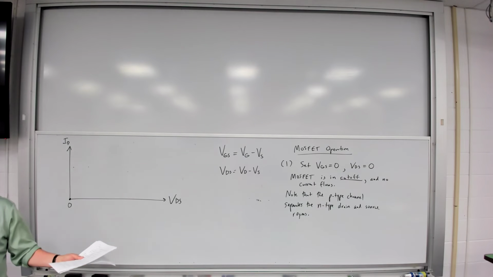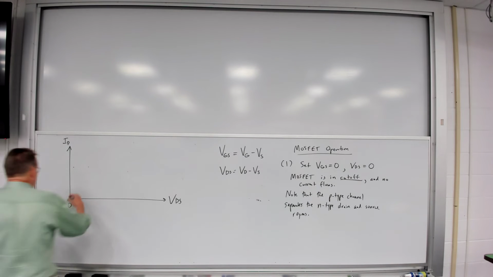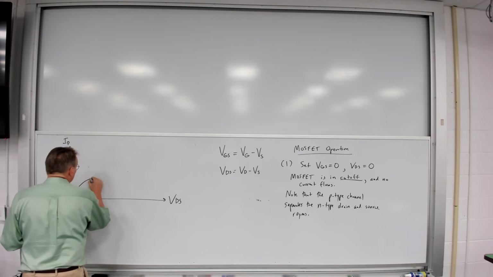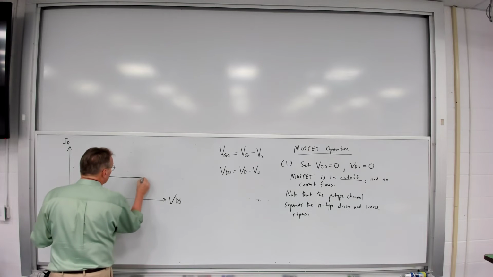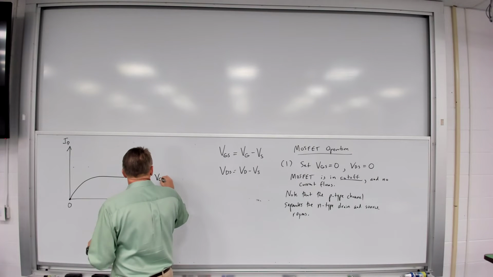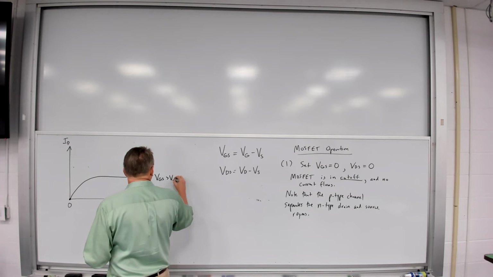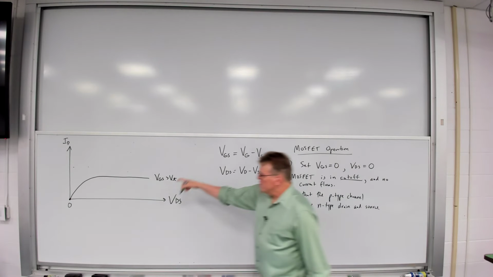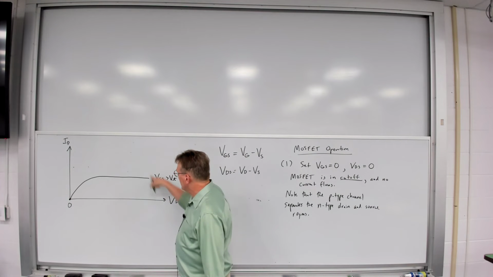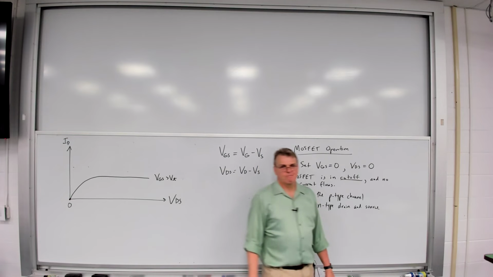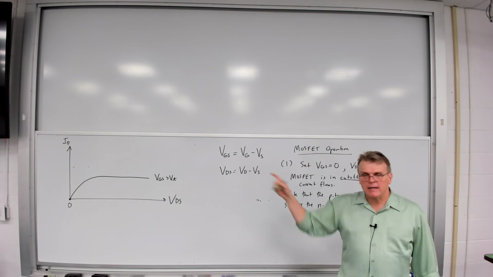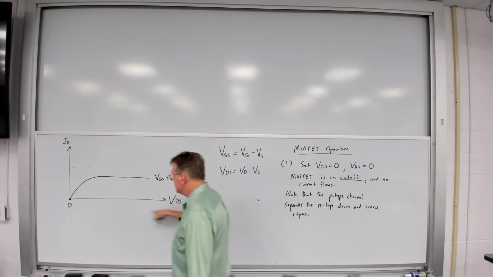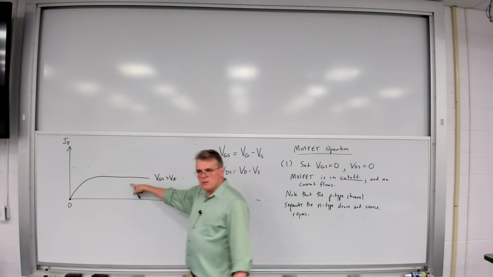No current's going to flow. Now I'm going to draw a curve. And this curve assumes that VGS is greater than VT. So you notice I can draw a different curve depending upon the gate source voltage. But in this case, I'm going to assume the gate source voltage is some value greater than the threshold voltage. And so as VDS increases, I'm going to travel up this curve.